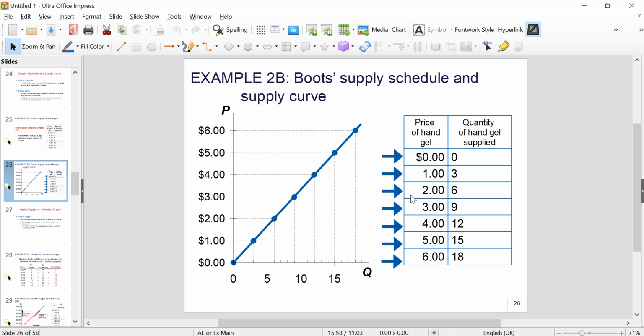Moving on, when the price is $1, the quantity supplied is 3. So this point is the combination of these two values, and so on and so forth. If we connect these points, we will get a positively sloped straight line. This is a supply line, or supply curve.